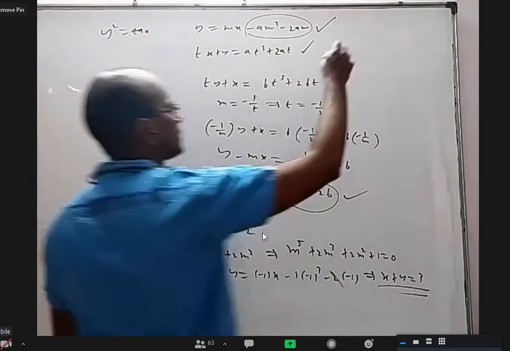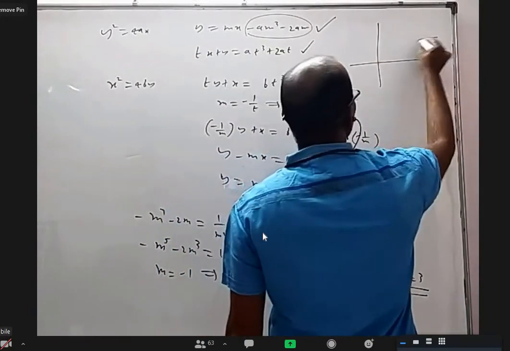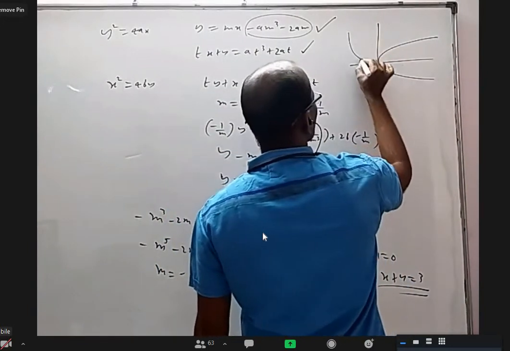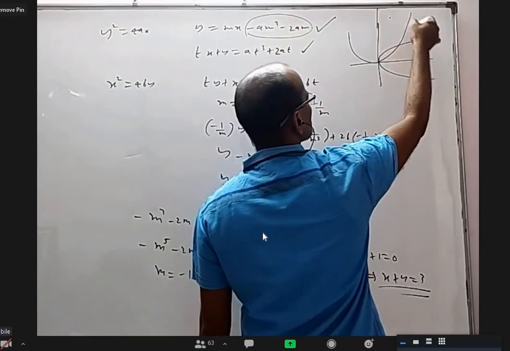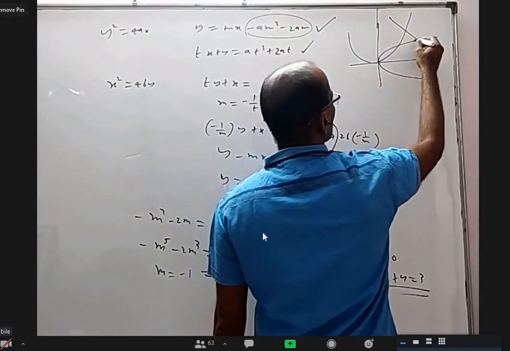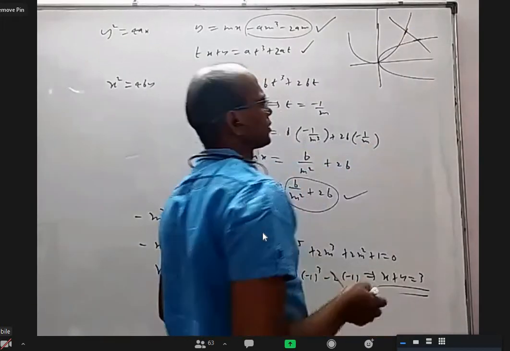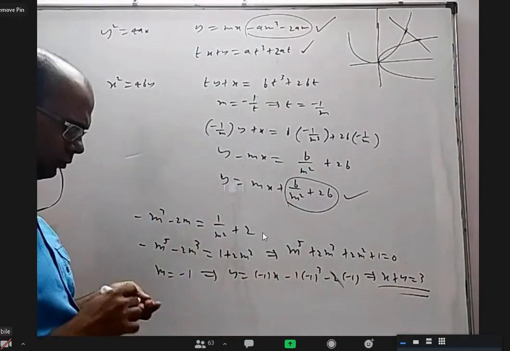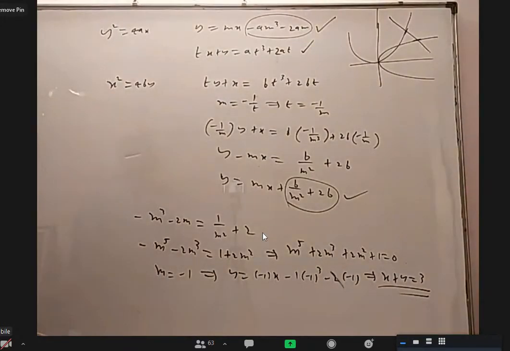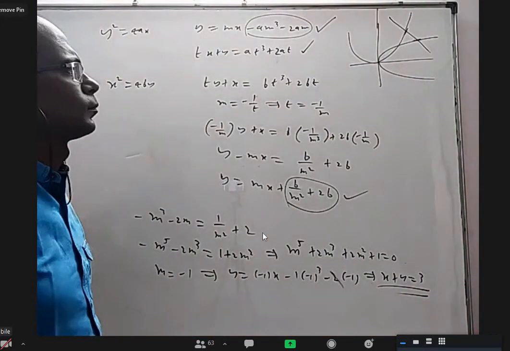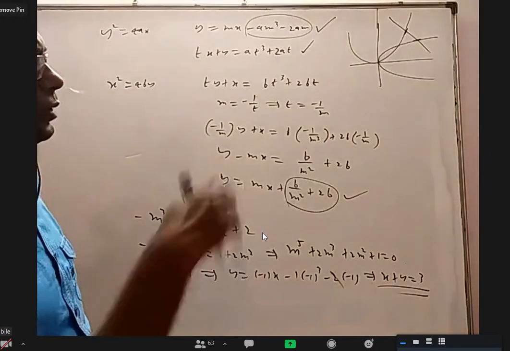If you look at the figure, y square equal to 4x is like this, x square equal to 4y like this. I think there is a line somehow. It is perpendicular to the tangent here, perpendicular to the tangent here. This is equal to 3, no? Okay. Yeah, if I draw the parabola properly, it's quite possible.